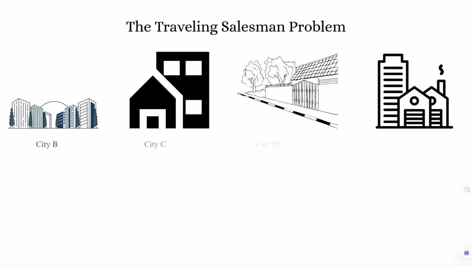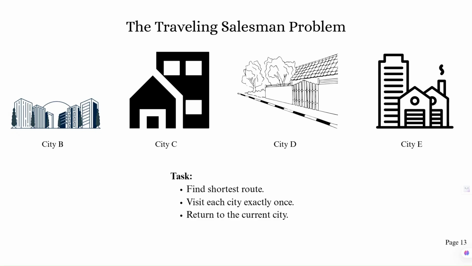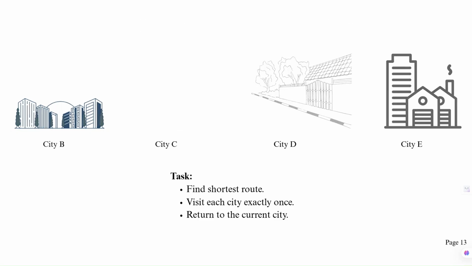The objective of this problem is to visit each city once, find the shortest possible route that accomplishes this, and finally return to the starting city. This problem's complexity grows exponentially with the number of cities, making it an ideal candidate for a heuristic approach like ACO.